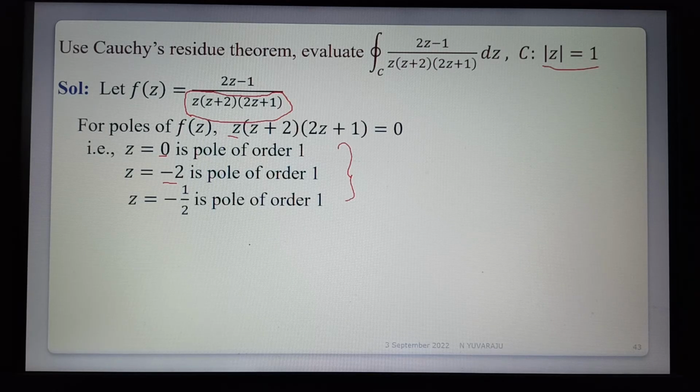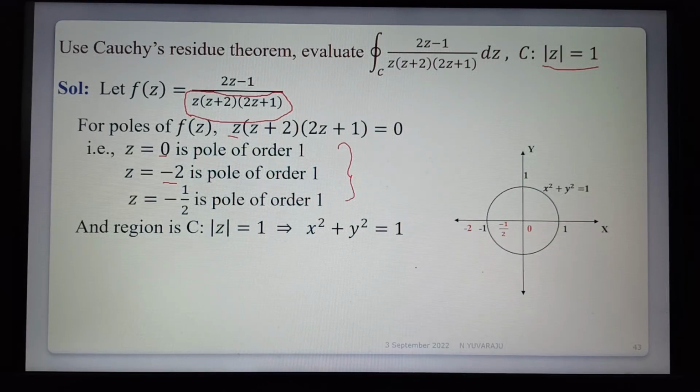Now verifying, the given region C is mod z equal to 1, that is x square plus y square equal to 1. You can see the graph. This is a circle with radius 1, from minus 1 to 1.